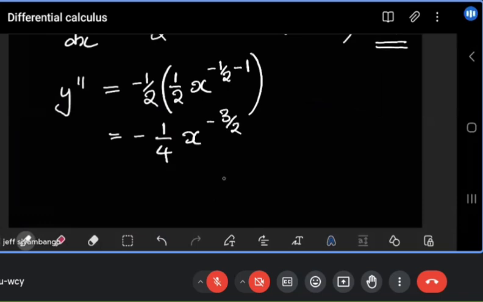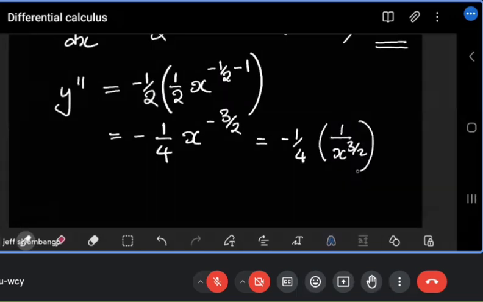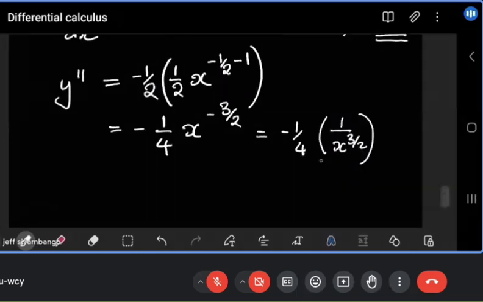Of course, we can try to write this in a simplified version. This will be minus 1 over 4, and this will be 1 over x to the power 3 over 2. What does this imply? This is the same as negative 1 over 4, then we have the root here.